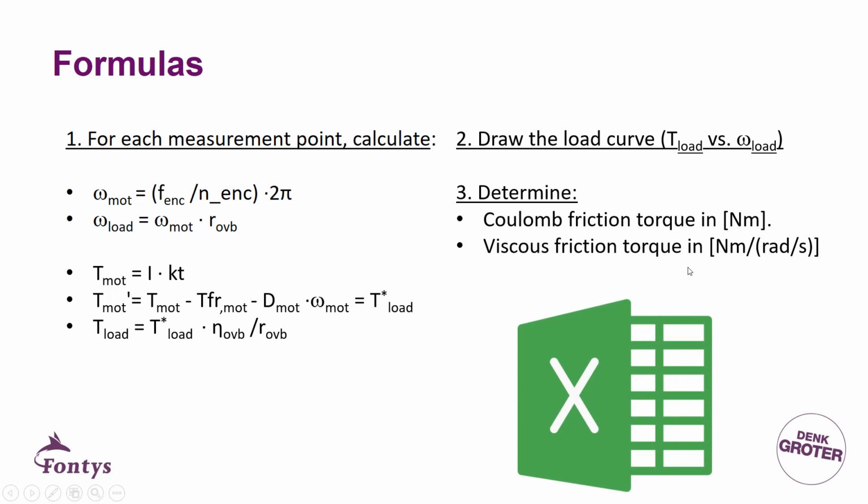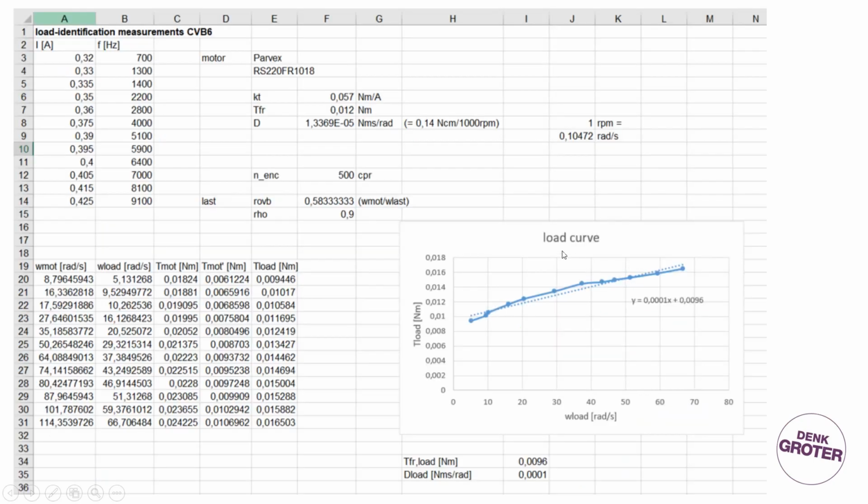And I have an example put over here in which I worked out some measurements. So I did some measurements over here, measured in a couple of points the motor current and the frequency of the encoder. Based on the frequency I can calculate in every measurement point the angular speed of the motor, and using the transmission data I can calculate the angular speed of the load.